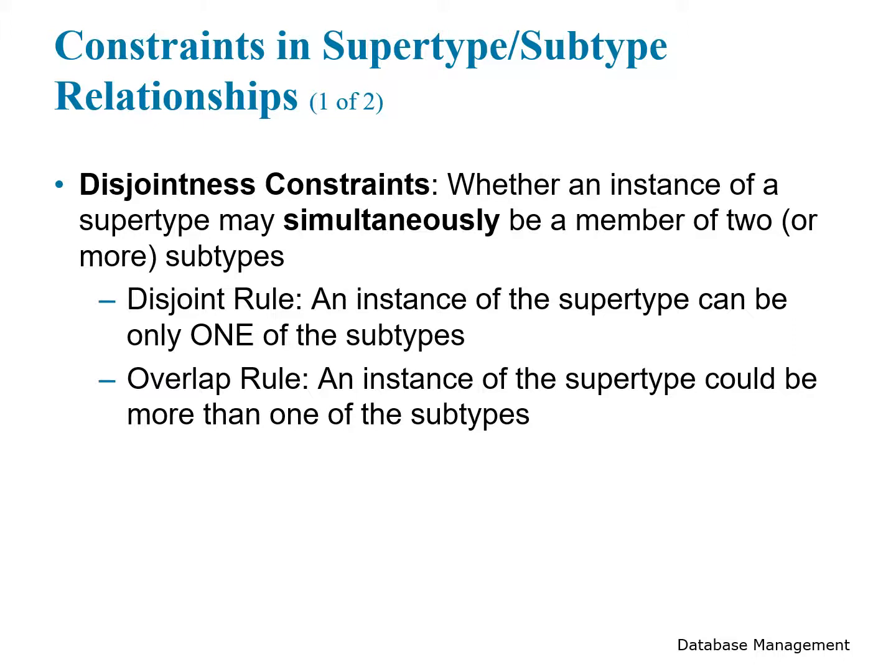The other is called the disjointness constraint, which indicates whether a particular instance of a supertype could also be more than one of the subtypes. So we can have four possibilities: total specialization with disjoint, total specialization with overlap, partial specialization with disjoint, partial specialization with overlap.